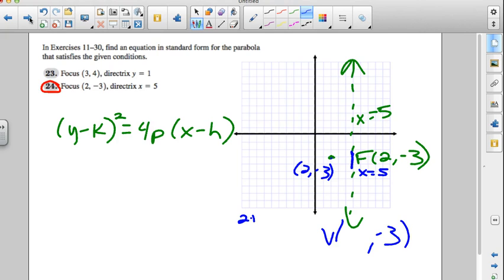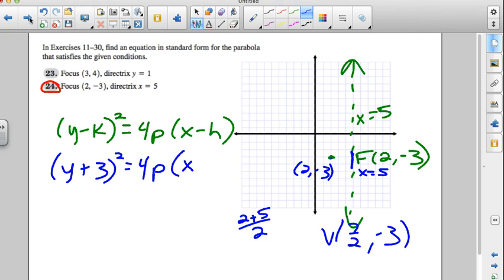So 2 plus 5 divided by 2 is 7 halves. So we have our little vertex here at 7 halves, -3. And we can start writing this because we know that it's going to be y minus a -3, which will be y plus 3 squared equals 4 times p times x minus 7 halves.